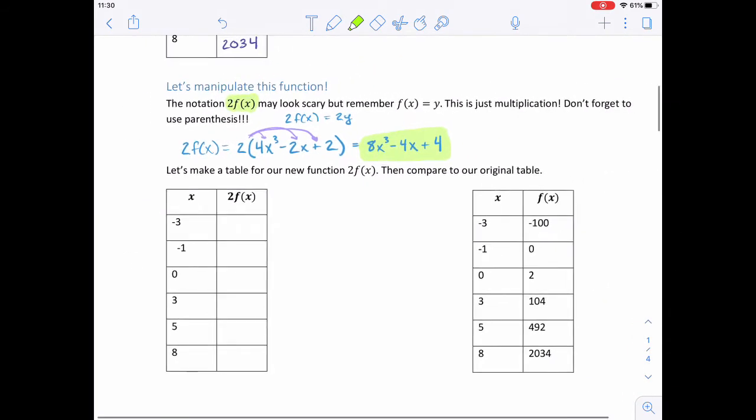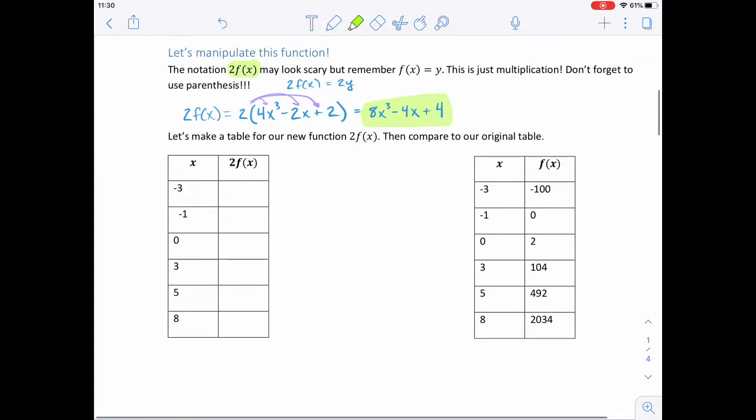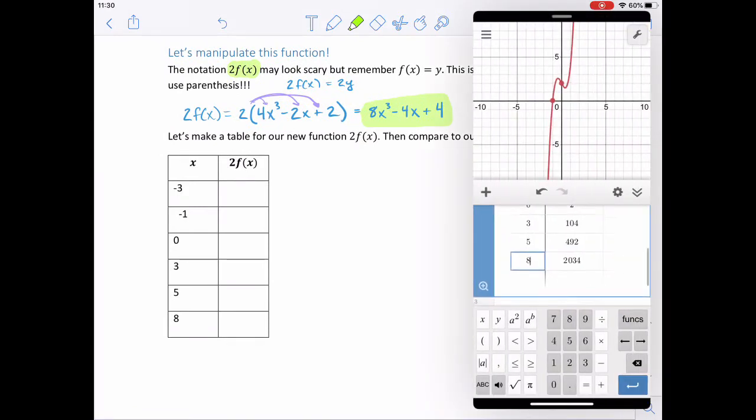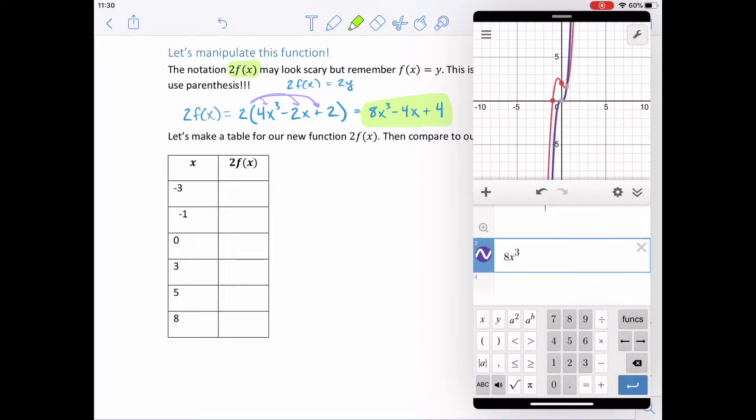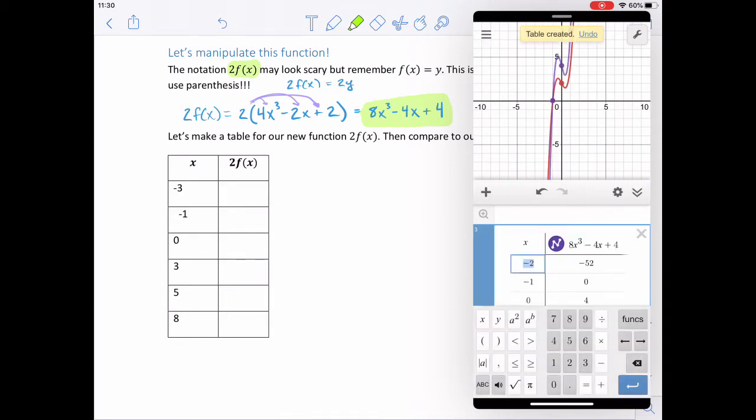So let's make a table, and we're going to compare it to our original one. So let's use Desmos again. So our new function is 8x cubed minus 4x plus 4. And so we can see the difference between our two graphs in Desmos. Let's make a table for this guy.